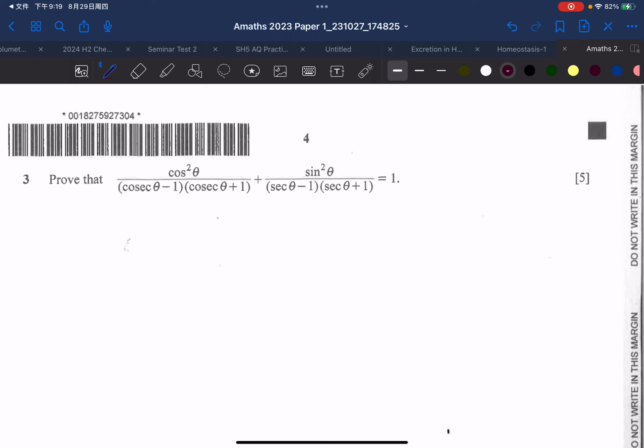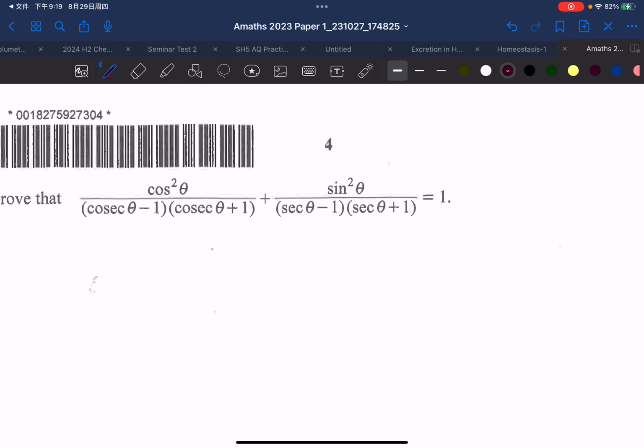This is a very heavy trigo question. 5 marks, okay? So how do you prove this? It's actually very simple, even though it is 5 marks. Now, let me recap the tips for proving. First tip, I always change everything to sine theta and cosine theta.